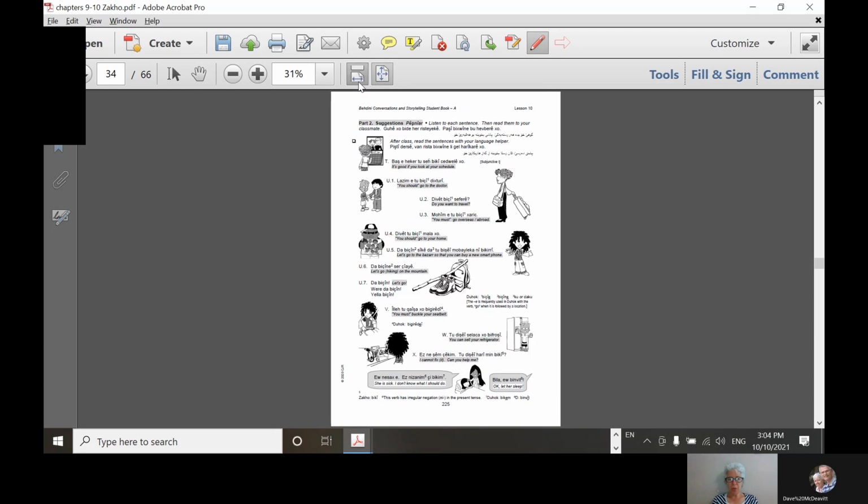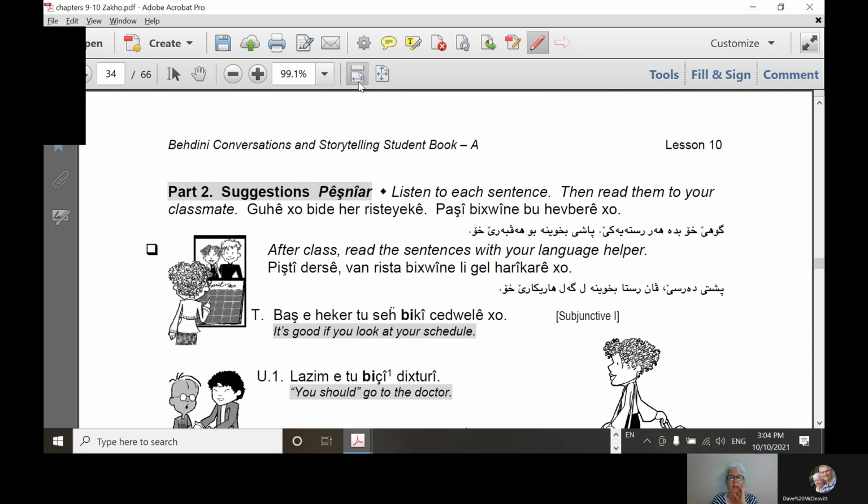On page 225, this talks about suggestions, and a lot of these are going to use subjunctive I, which is obvious from the B, which is on the verb stem.